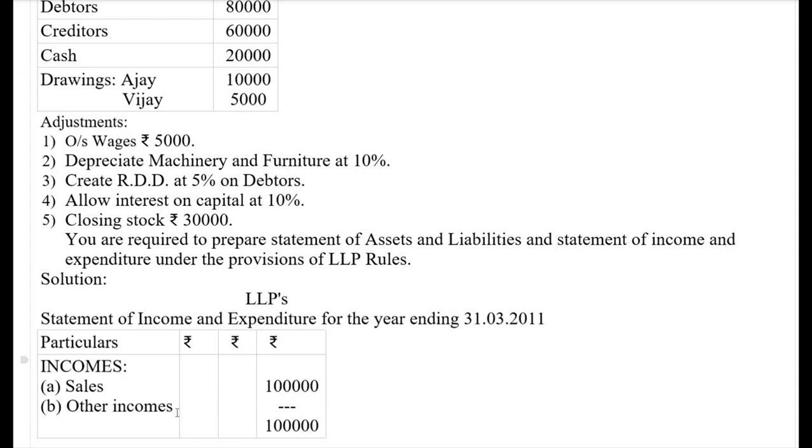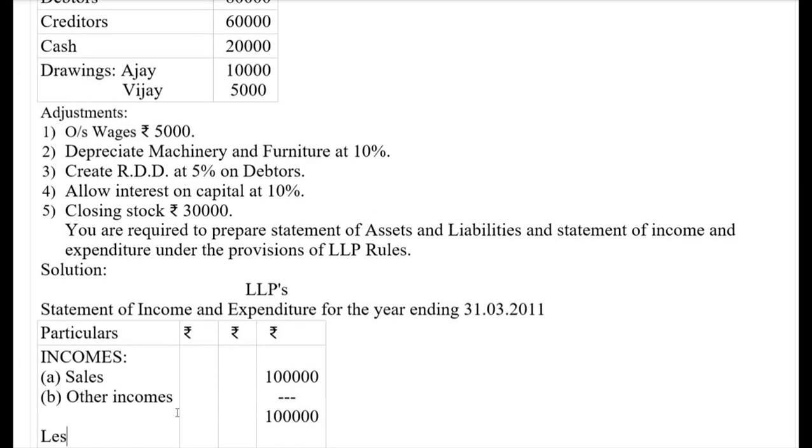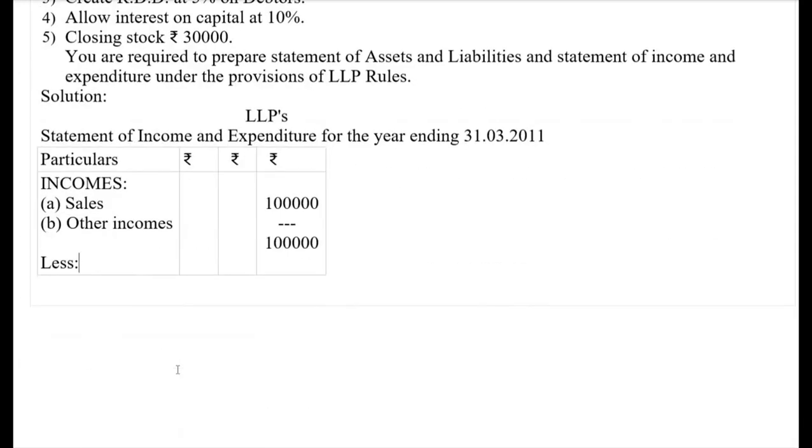Then next, less expenses. In that A, purchases. Purchases are given as rupees 50,000 here. So let me write directly here.